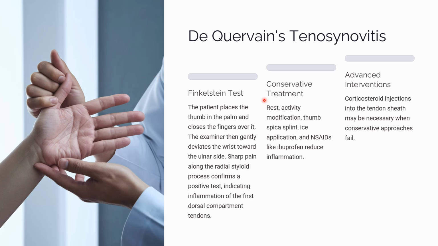So what is the treatment? Rest is the treatment, and the activity has to be curbed. The activity which has led to this problem should be reduced, or else a thumb spica splint can be used. Ice application can be done.